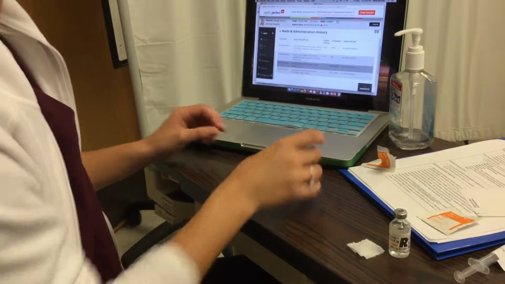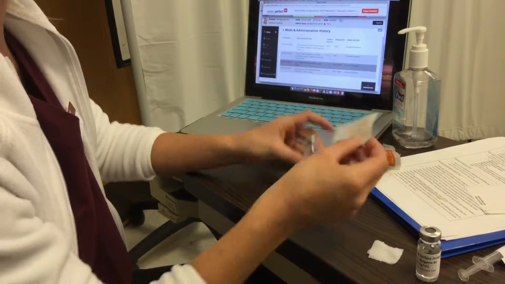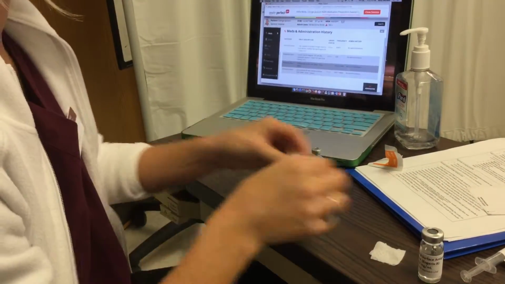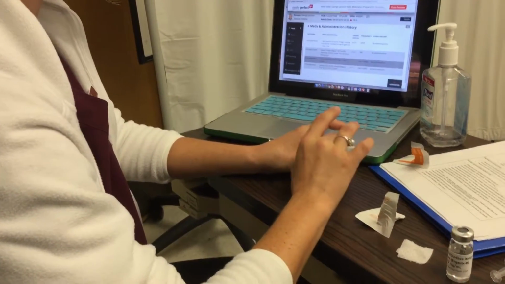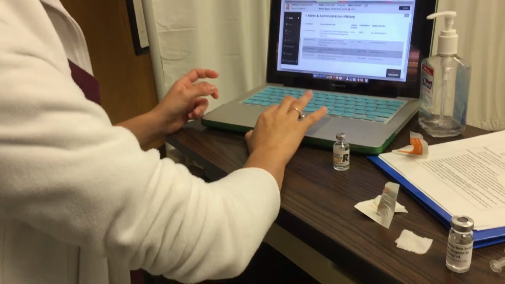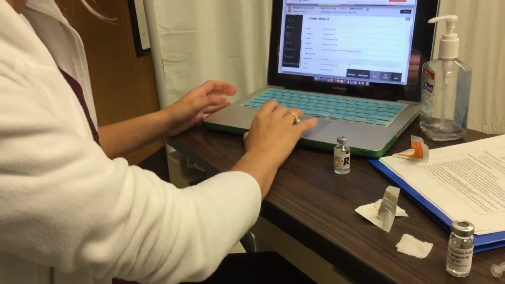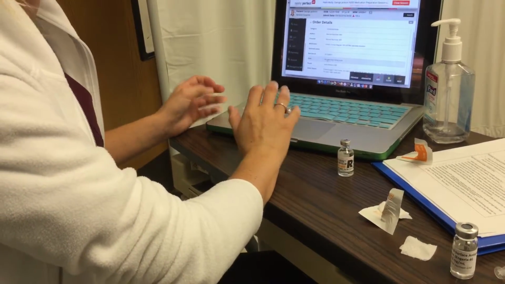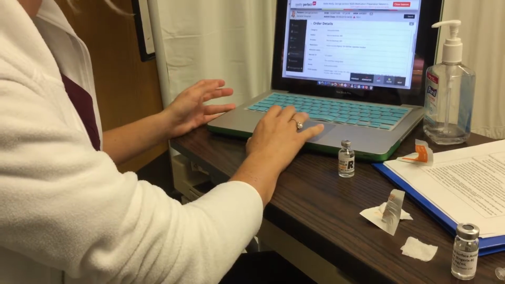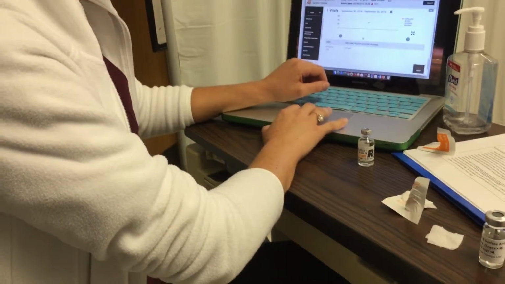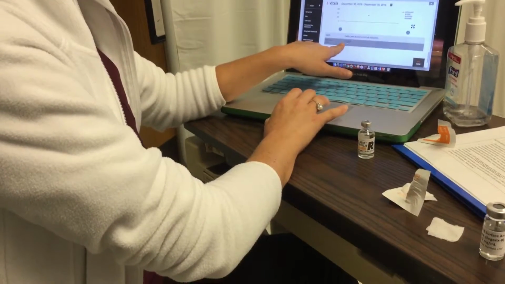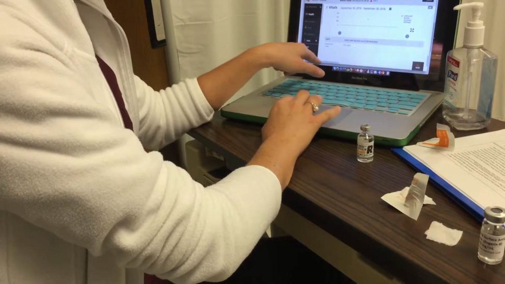The next medication that I'm going to be administering is the insulin. I'm going to go ahead and clean. So this insulin is based off my patient's blood glucose level, which once again was 323 milligrams.